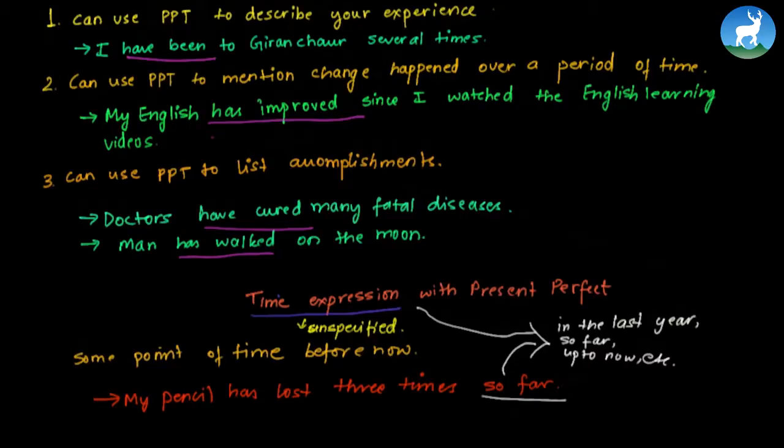So you're changing over a period of time. You can also use the present perfect tense to list accomplishments. And the time expression with the present perfect tense should be unspecified. It should be some point of time before now, and it shouldn't be pinpointed. So, my pencil has been lost 3 times so far.